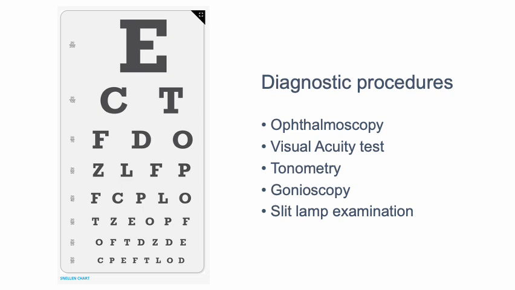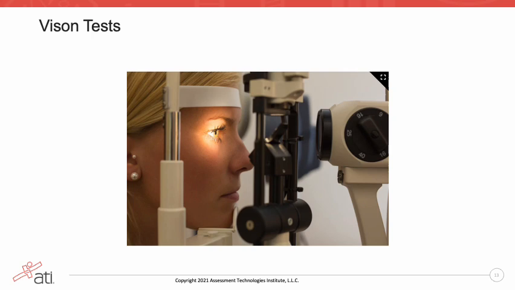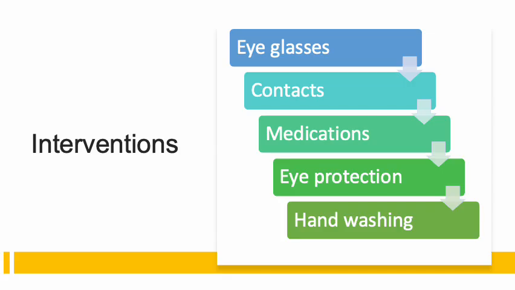Gonioscopy visualizes the anterior chamber of the eye, and slit lamp examination helps to look at the cornea and lens to see if there are any scratches on it. Interventions that can protect our eyes include wearing glasses or contacts to correct any vision deficits.